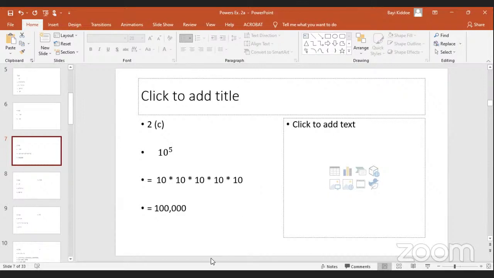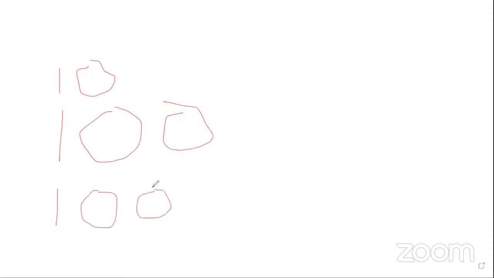Let me show you what I'm saying. Anytime you're multiplying with, for example, tens, hundreds, or thousands, any number with a 1 and a 0 behind it, anytime you're multiplying those numbers only.